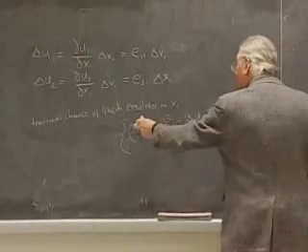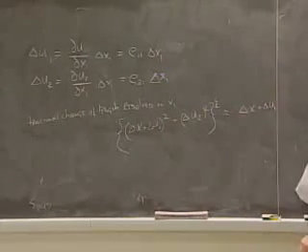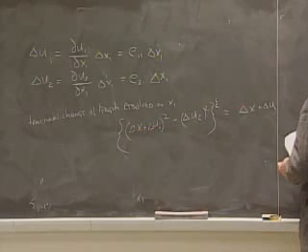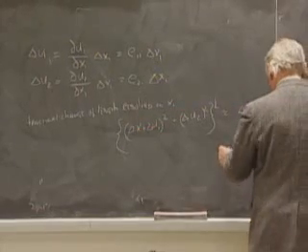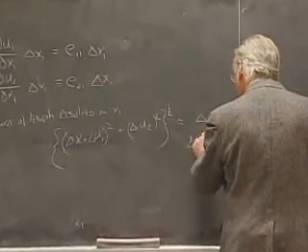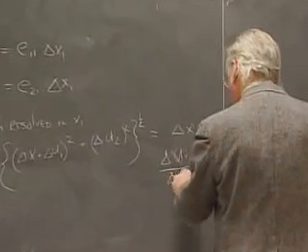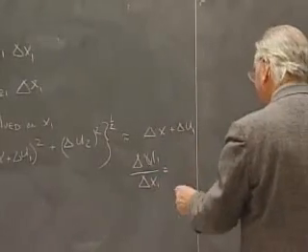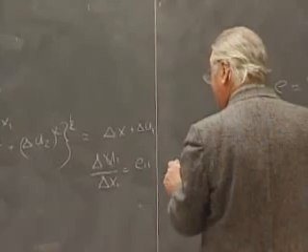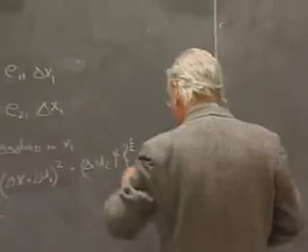Okay, just taking the whole works outside of the square root sign. So delta u1 over delta x1 is going to be equal to the term e11 from this expression here.